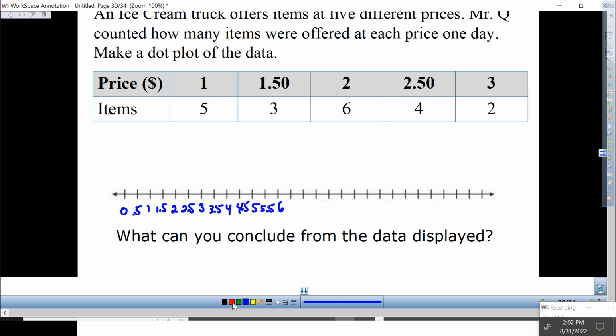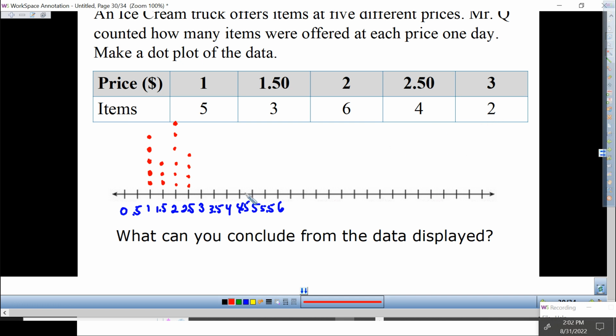All right. So, what do you want to use? Dots, X's, what? X's? Okay, I'm going to use dots. So, $1, 5 of them. We got 1, 2, 3, 4, 5. 3 at $1.50. 1, 2, 3. 6 of $2. 1, 2, 3, 4, 5, 6. 4 of $2.50. 1, 2, 3, 4.